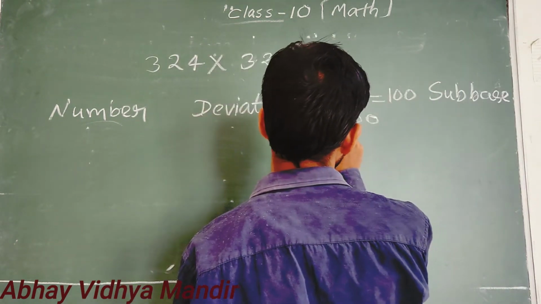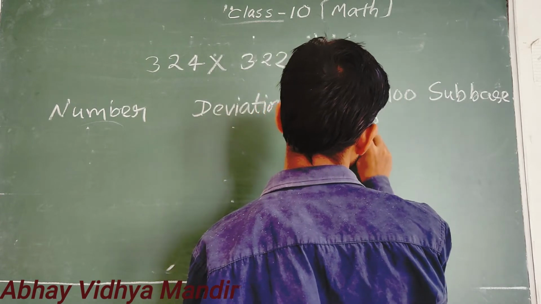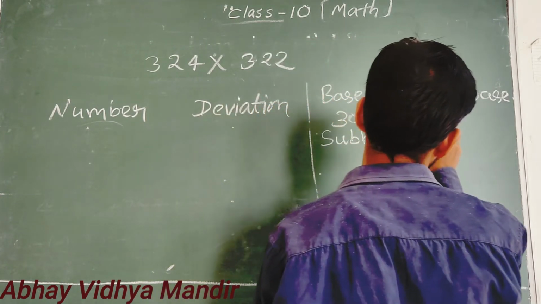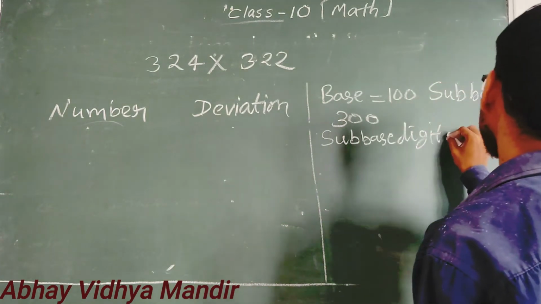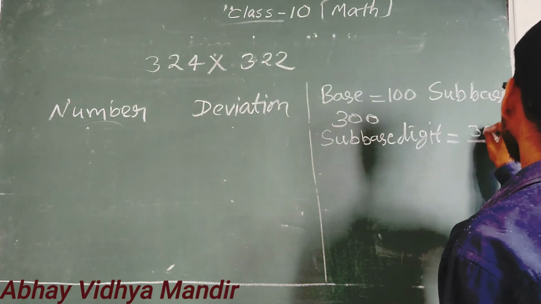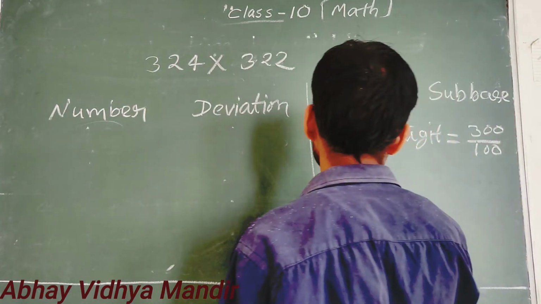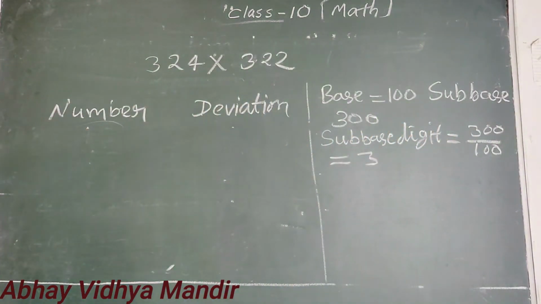Sub base digit equals 300 divided by 100 equals 3. So this is your sub base digit.